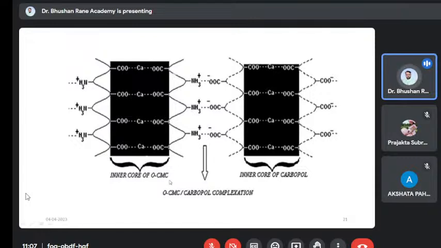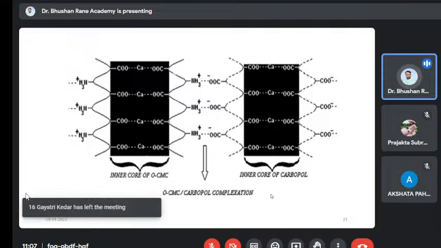The amino group of CMC and the carboxylate COO minus group of carbopol interact with each other and hydrogen bonding takes place, which results in cross-linking. So if there is cross-linking, if you prepare new, next generation polymers, or the drug interacts with your polymer or excipients and forms a new complex, at that time FTIR is a tool which is helpful to predict or confirm that interaction.